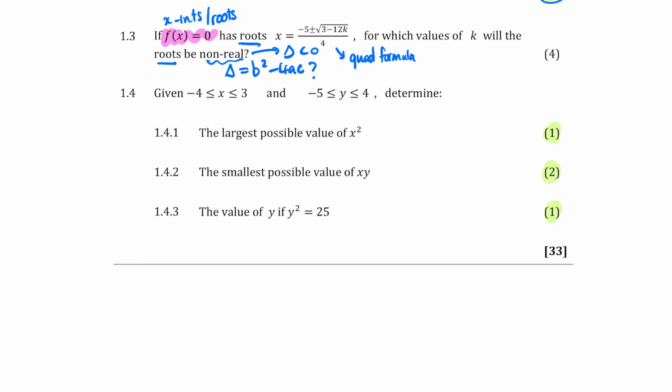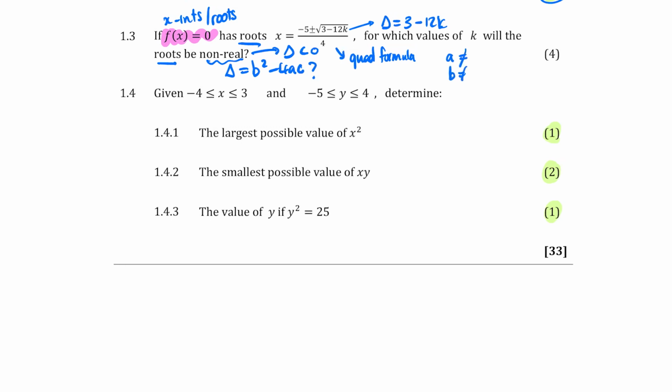But now, where do I have a, b, and c? I can't see exactly what a, b, and c are here. B squared, does that mean b is the root of 3? Negative b? No, that doesn't quite look right. So obviously this is some other expression here for delta. Delta is equal to 3 minus 12k. We're not going to try and find a equals, b equals.